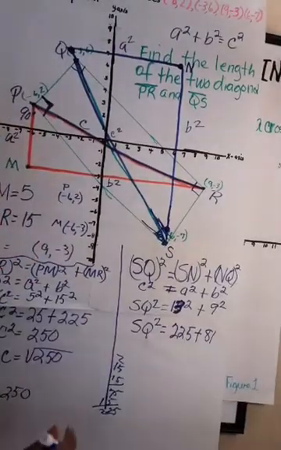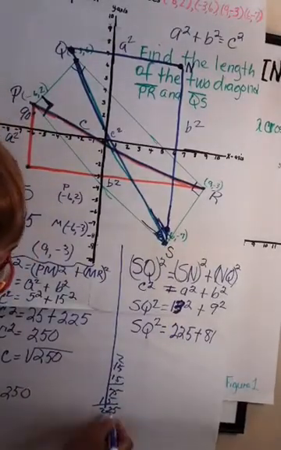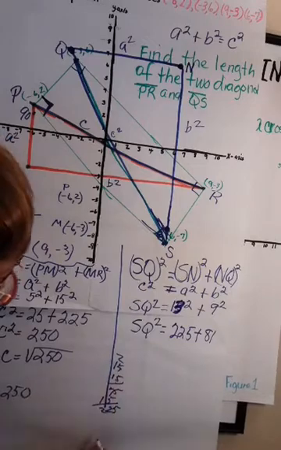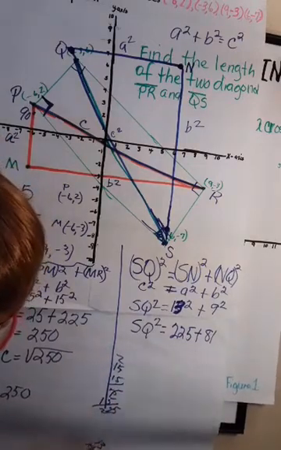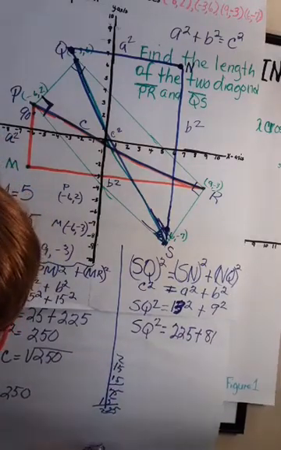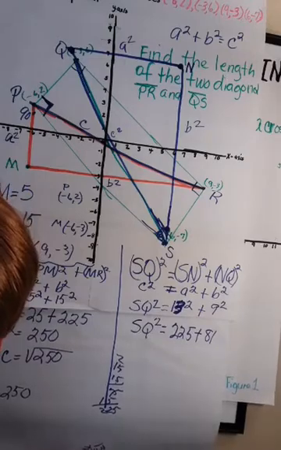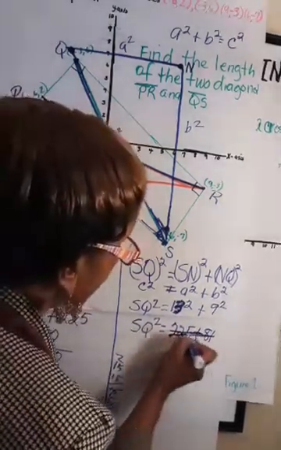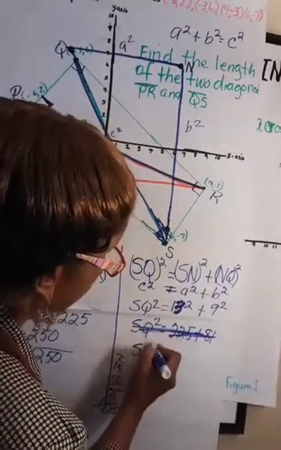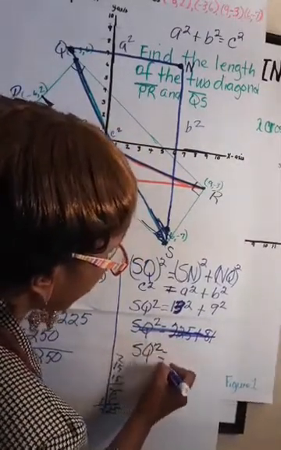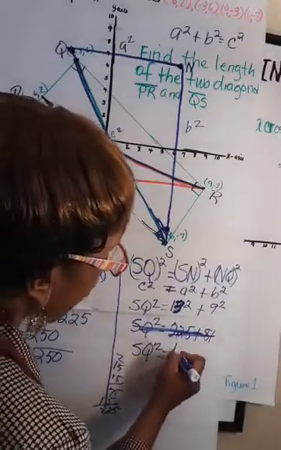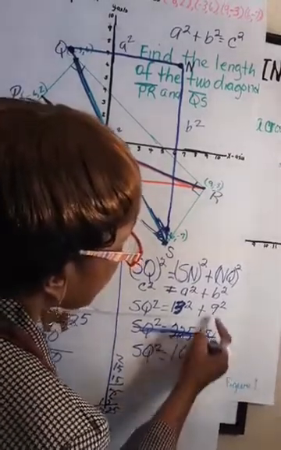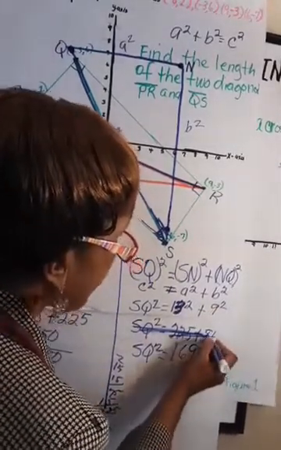How much is 13 times 13? Somebody help me. 13 times 13? 169. So here for SQ square, the same thing as C square, I'm going to get 169 plus 9 times 9 is 81. Add that up.